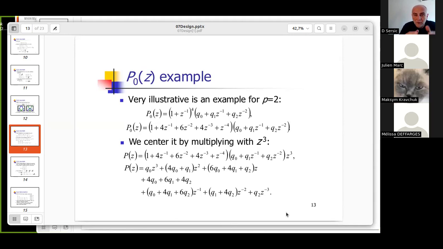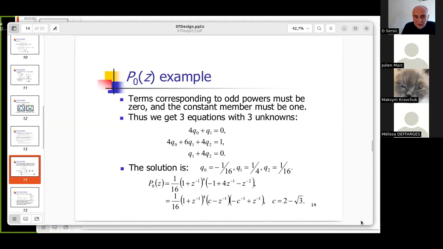So in that result, you recognize that there are 3 terms that are any, and 3 terms that must be exactly 0 or 1. So we are going to get 3 equations with 3 unknown variables. So we have 3 equations with 3 unknowns.